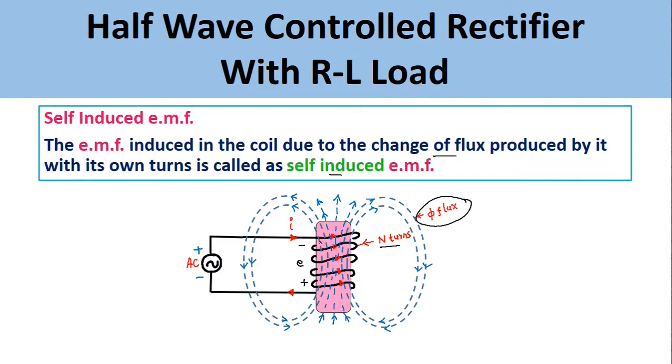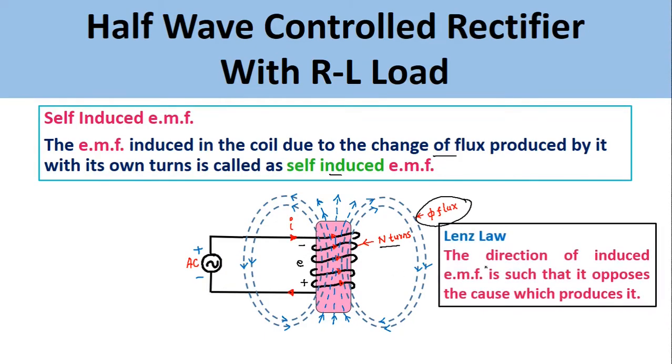Because this is an alternating current supply, the current will change. If the current is changing, then the flux linking with the coil also changes, due to which an EMF E is induced in this coil, which is represented by E in this figure.